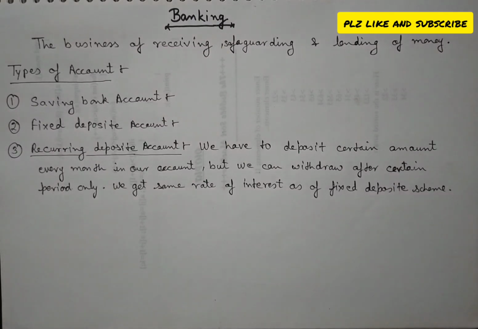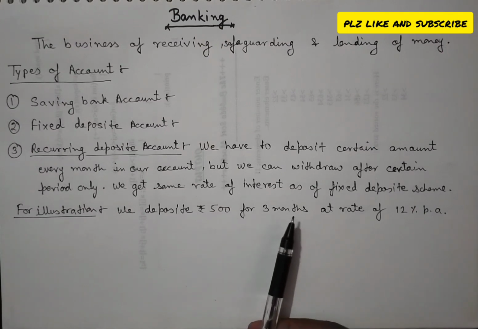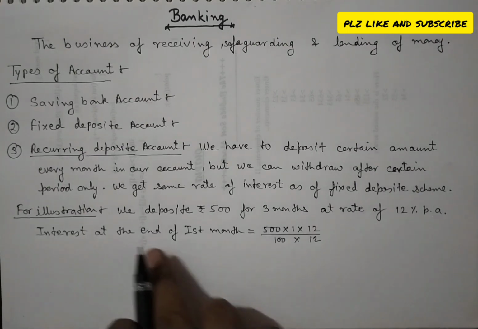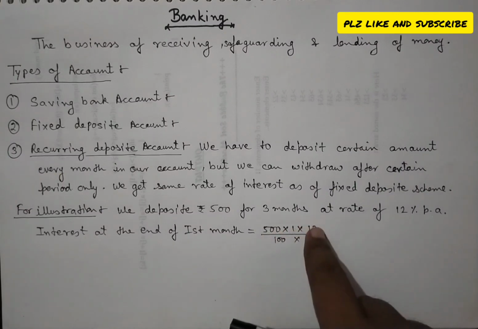Now I would like to illustrate how the calculation is done in the case of a recurring deposit account. If we take a question in which we deposit rupees 500 for 3 months at a rate of 12% per annum, the interest for the first month will be, here we take the interest at the end of the first month, this is the formula PRT upon 100.